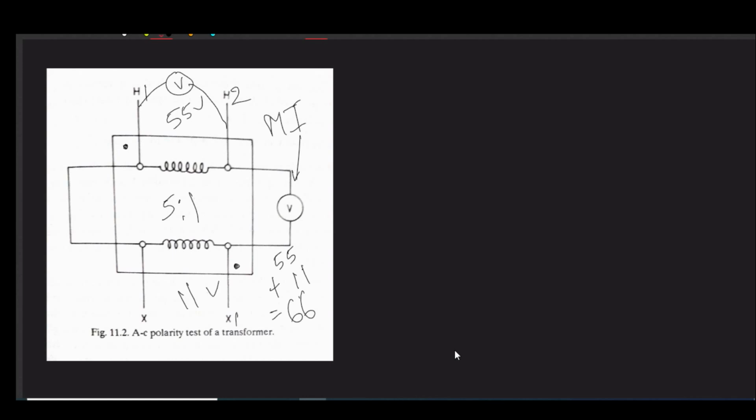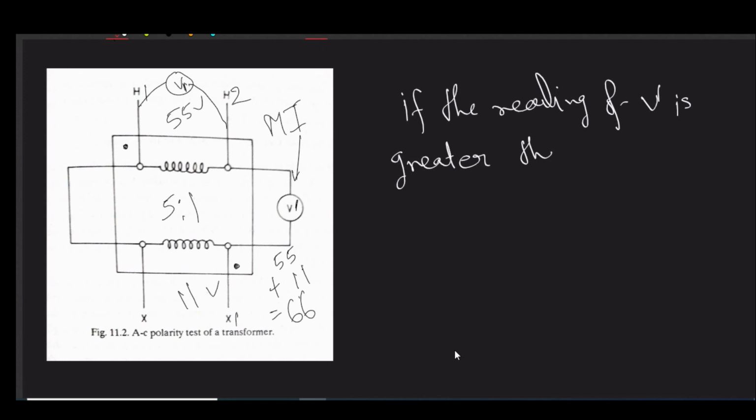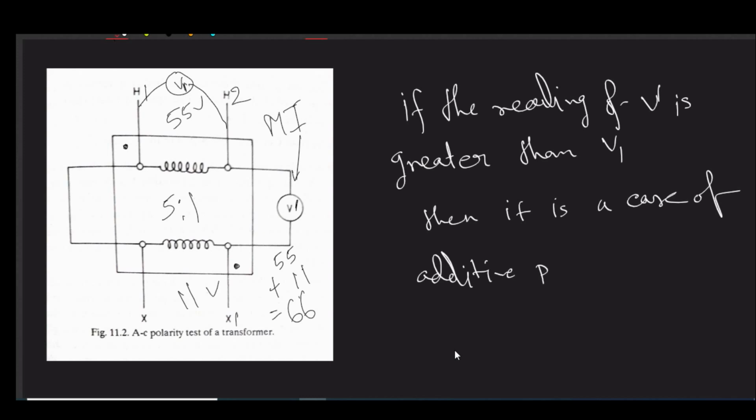Even if you have any voltage ratio, we are pretty sure that if we call this V1 and this one V dash, if the reading of V dash is greater than V1, then it is a case of additive polarity.